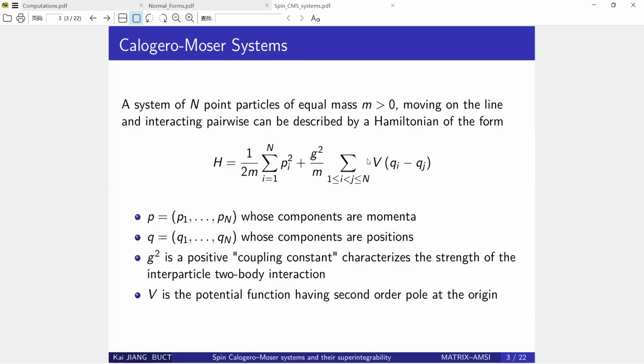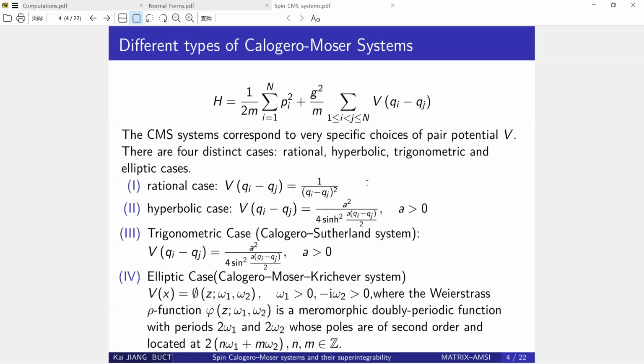So it depends on this V. In mathematics, usually we can make the mass m equal to 1, and the coupling constant g equal to 1, so we can simplify this Hamiltonian. There are different types of Calogero systems corresponding to the potential function V.